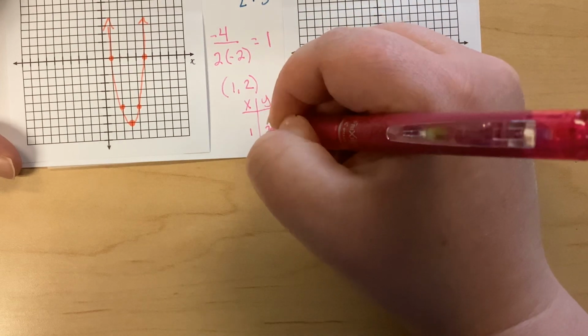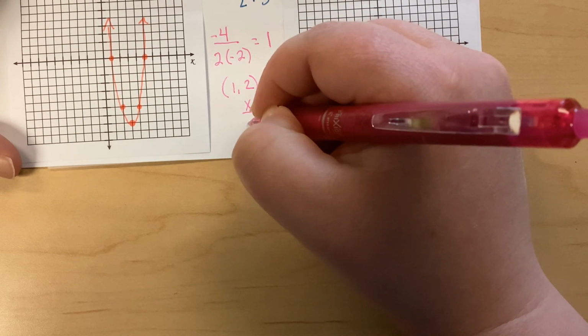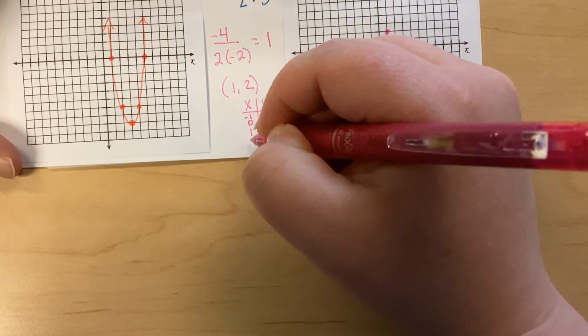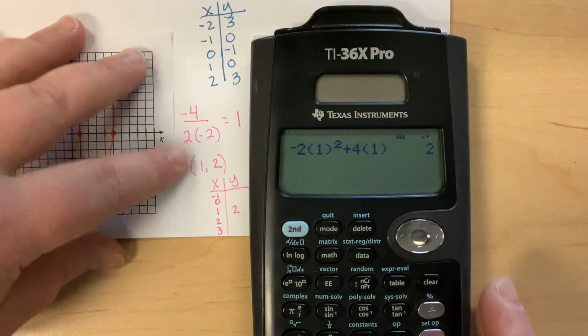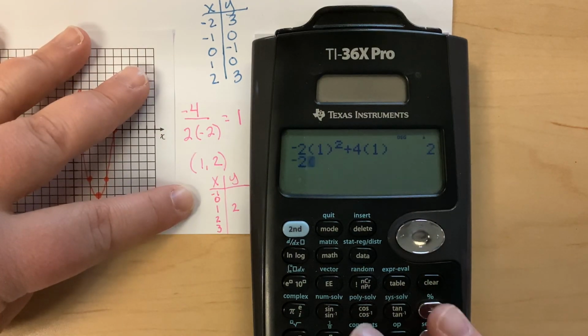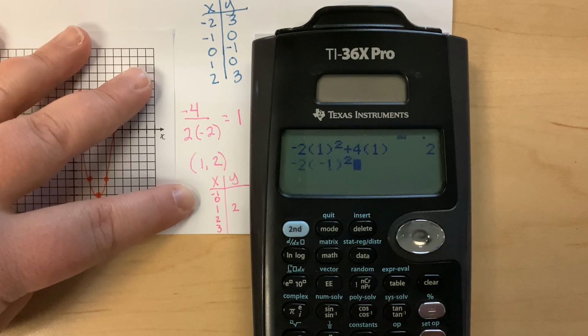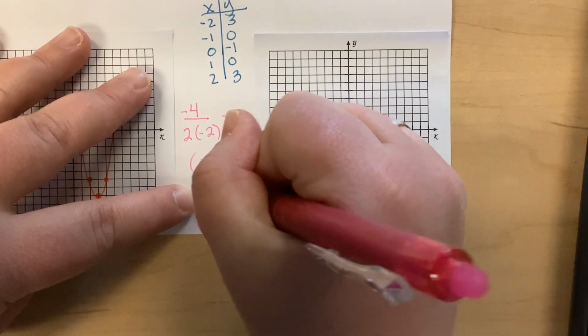1, 2 in the middle. 1, 0, negative 1. 1, 2, 3. Did not leave myself much space. Here we go. Negative 2 times negative 1 squared plus 4 times negative 1 is negative 6.